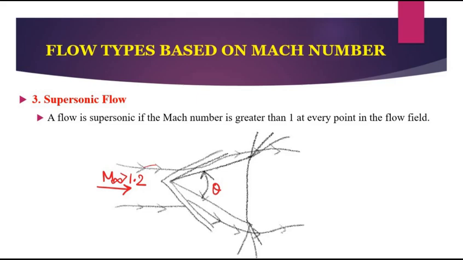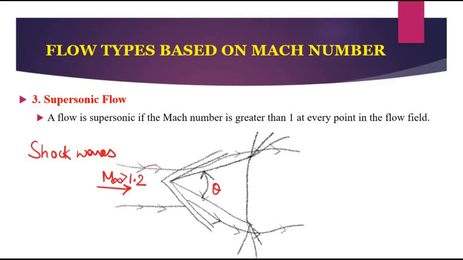Now, the supersonic flows are mostly characterized by the term called shock waves. So, what you can see here, these two lines are the shock waves. We will discuss in detail as we proceed further with our aerodynamics learning about what these shock waves are and how they affect the flow. We will learn as we proceed further.